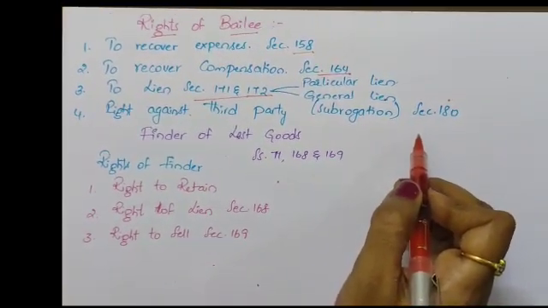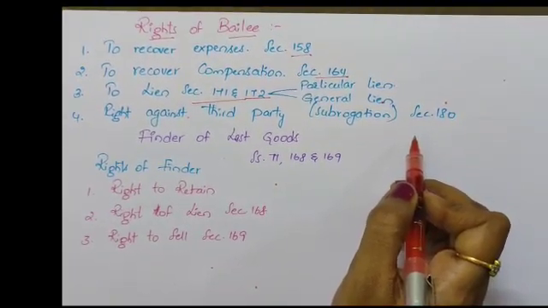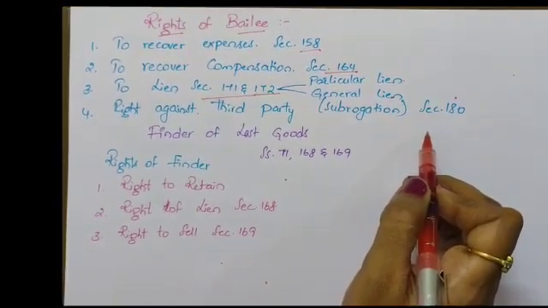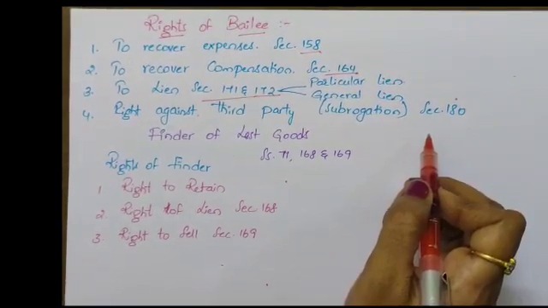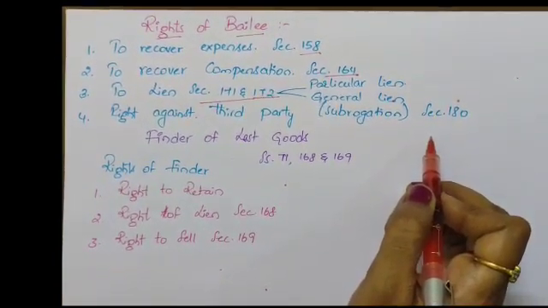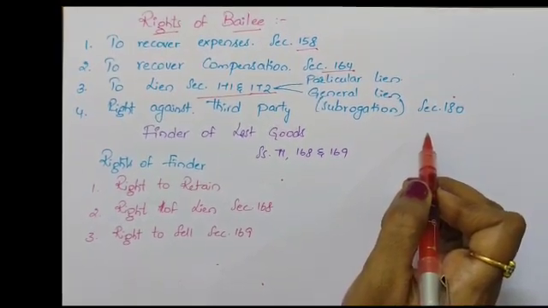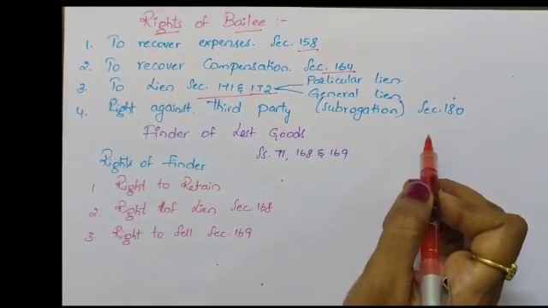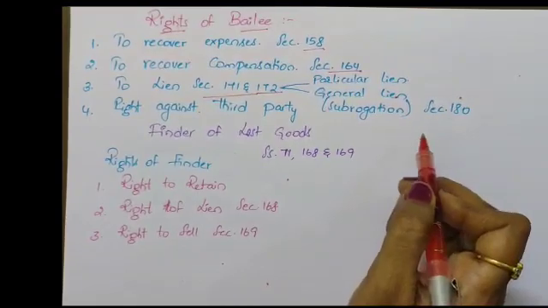General lien is one which gives the right to retain possession until the whole balance of the account is paid. It extends not only towards the goods pledged as security but also in respect of others.